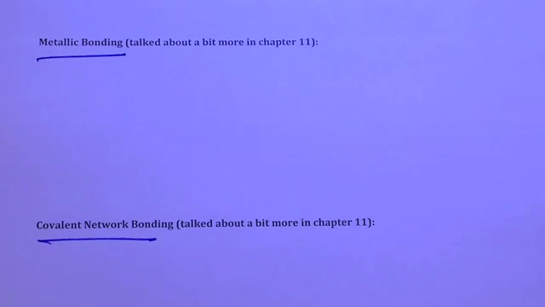But it's important that you can differentiate between these pillars of bonding, because you've got to be able to tell the difference between coordinate covalent, metallic bonds, and regular covalent and regular ionic.